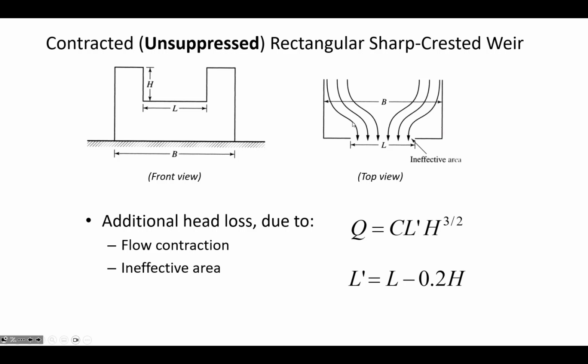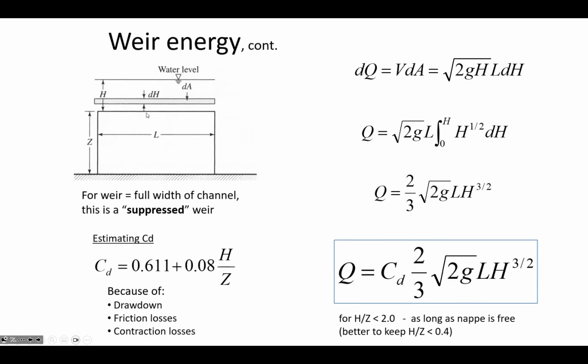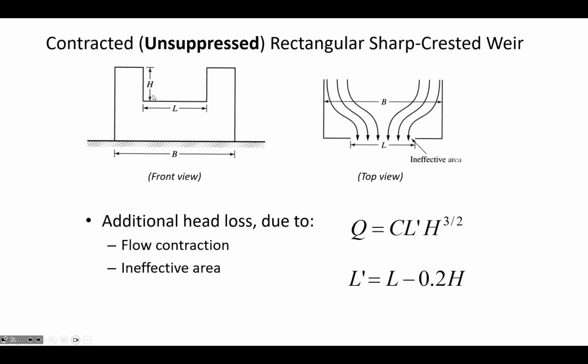And so we basically, even though L is the length of the weir and not the width of the channel, so note, B is the width of the channel, which is independent from L in the case of unsuppressed. You still find the effective flow area with L prime, and subtract out this little edge that isn't going to have much flow through it because of the contraction. So that's just the one correction. I think that you may have a homework problem that distinguishes between a suppressed weir and an unsuppressed weir, where the length of the weir is different from the channel width.